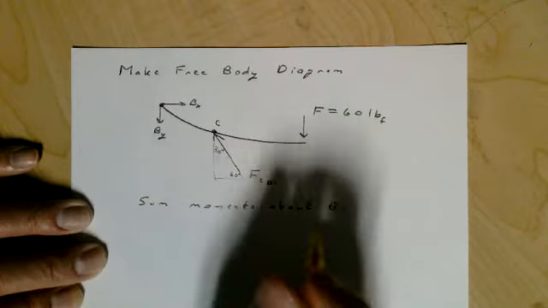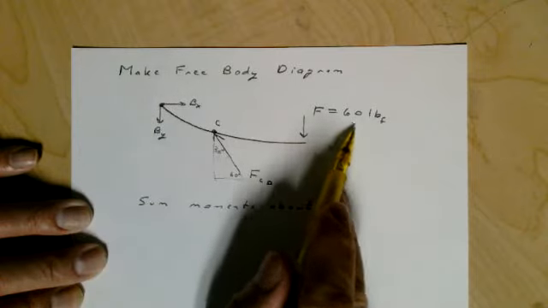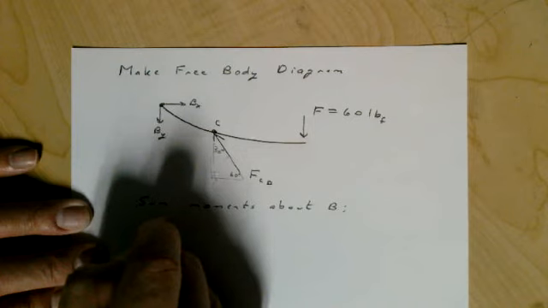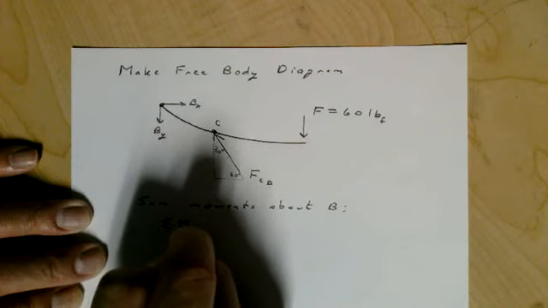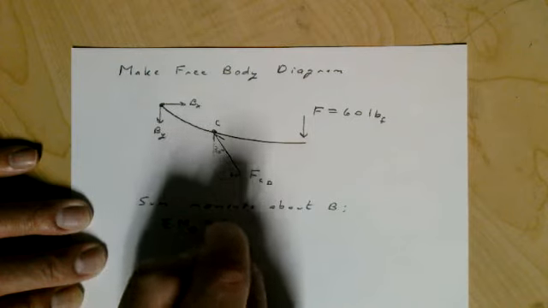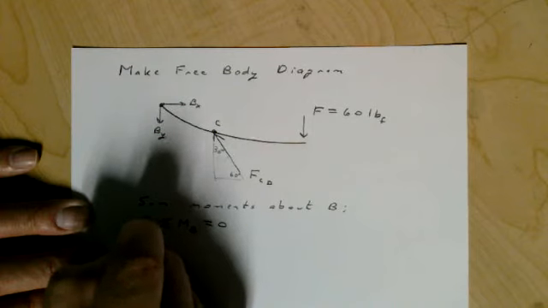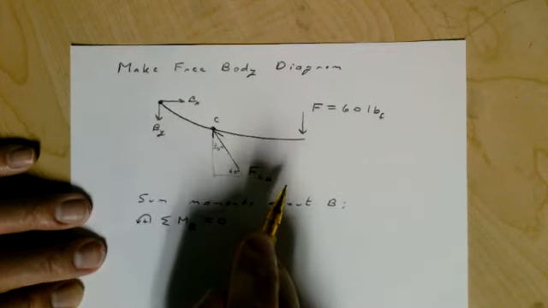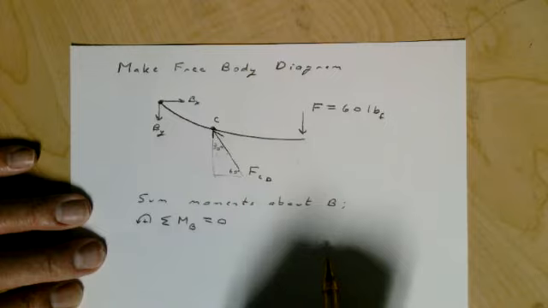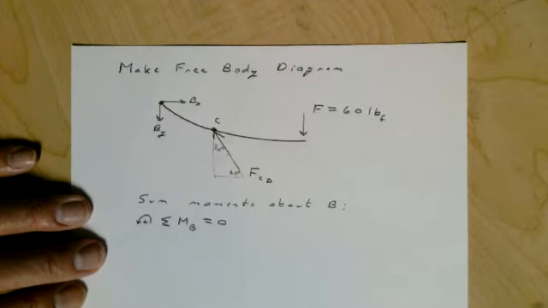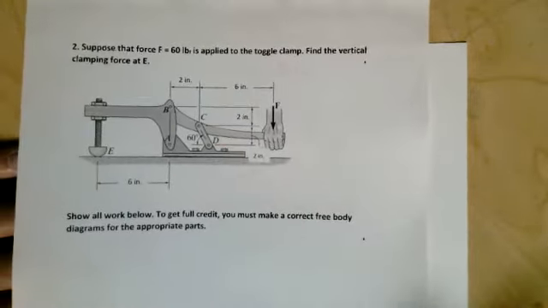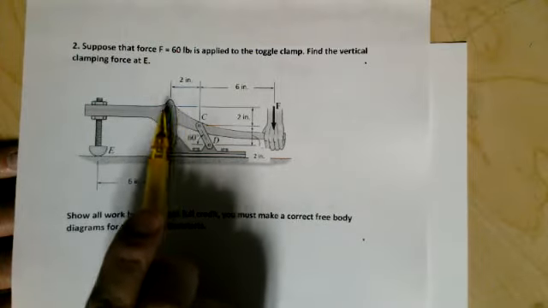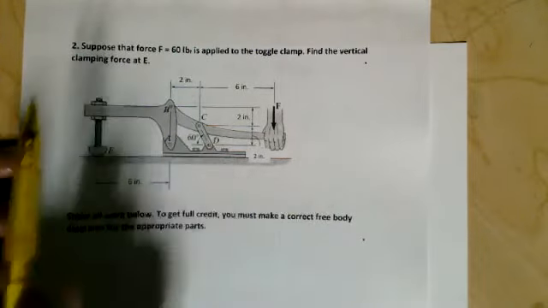And so once again, if we do summation of moments about B, make counterclockwise positive, and we need some dimensions here. You can see in the picture the distance from B to F is going to be 8 inches.